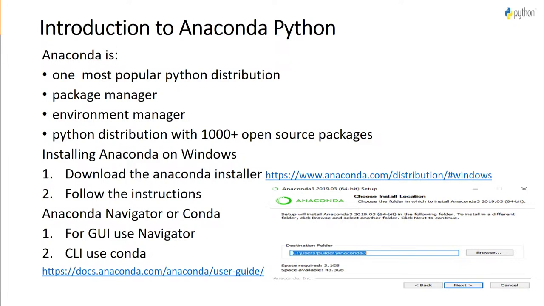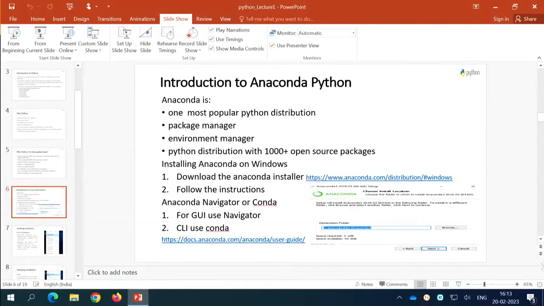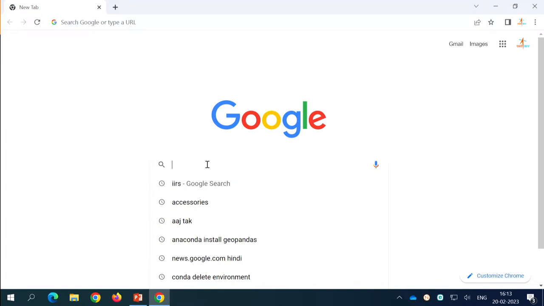Next comes how we install Anaconda on Windows. You can go to anaconda.com, or search on Google for Anaconda Python download, and you get the link.